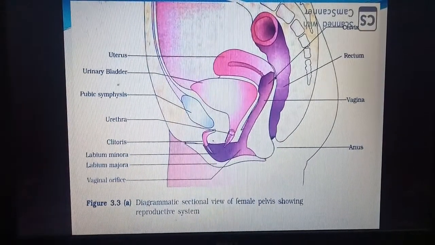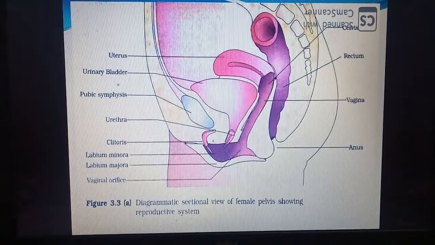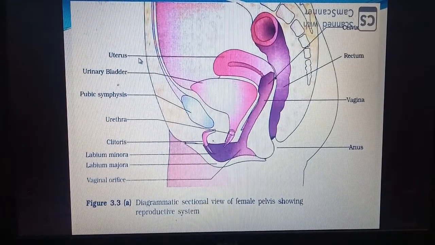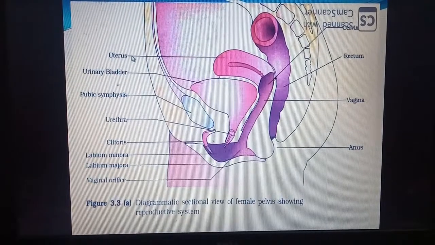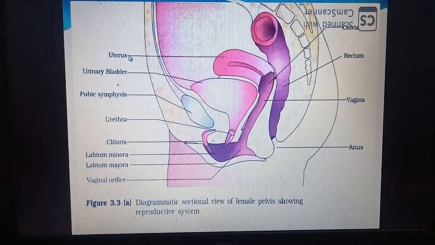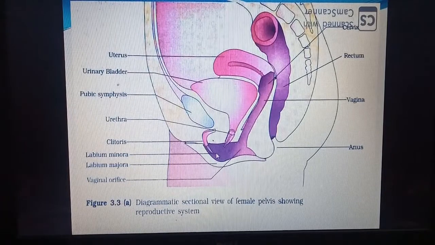In this figure we can see the various reproductive parts of the female. So there is the uterus, then there is the clitoris, which is the external genitalia. Then labia minora, the internal part, a fold of skin.